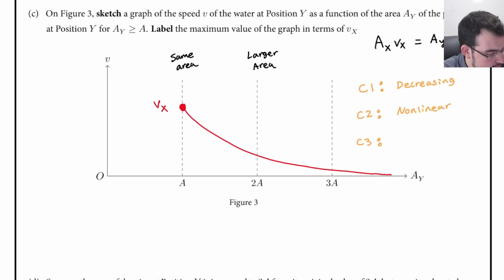And for C3, you needed V at A is equal to Vx. So that's how you got your 3 points. You needed a decreasing nonlinear curve with a value of Vx when the area is A. So that's kind of a tricky graph for sure.